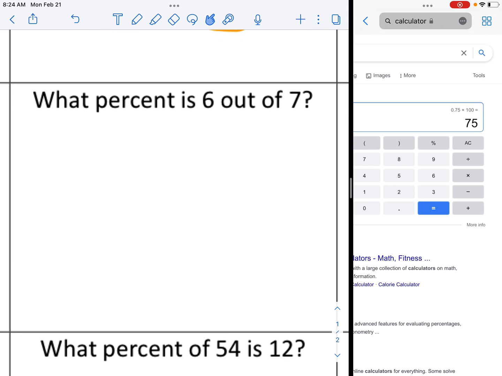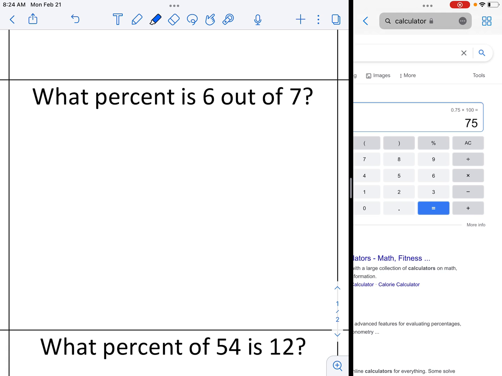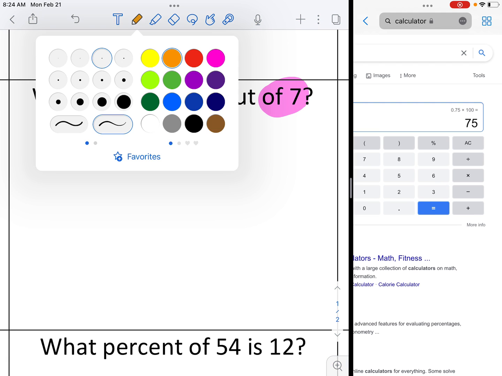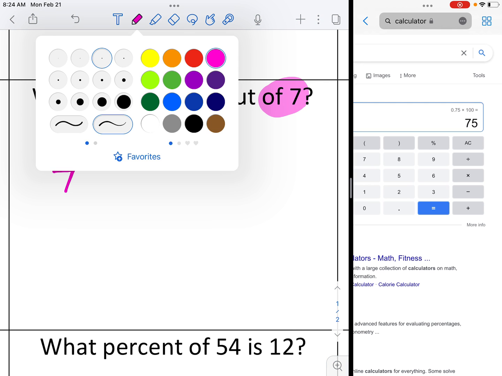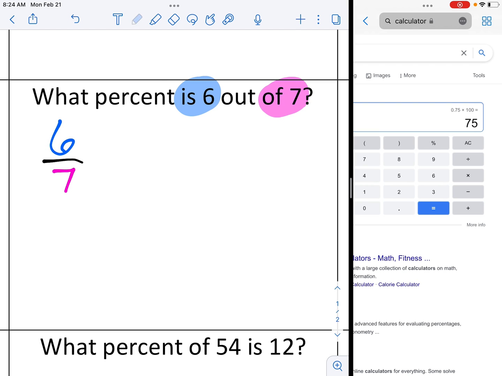All right, we do one more, and I want to do this one. What percent is 6 out of 7? All right, so I see the word of 7. So this time I have to write the fraction, and 7 goes on the bottom, right? And then I see is 6, so 6 goes on the top. And then I'm going to write equals 6 divided by 7, top divided by bottom, 6 divided by 7, yikes.